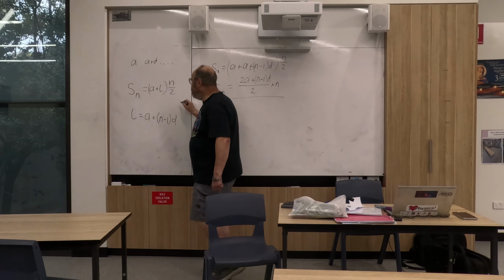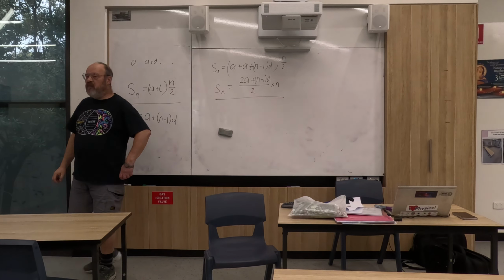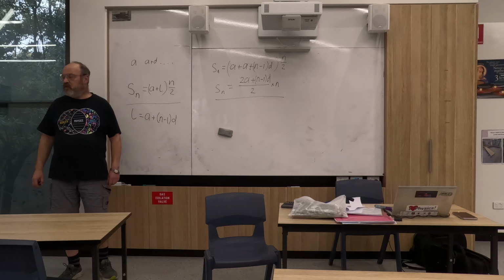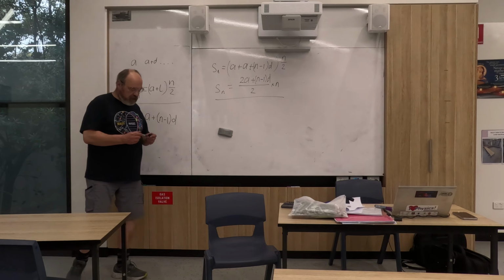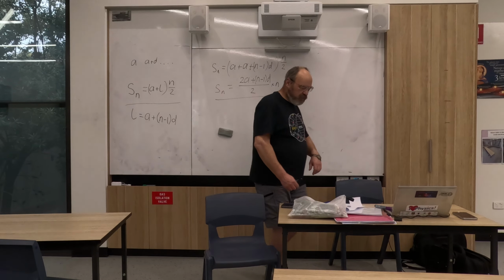So there are two ways to find the sum of the first n terms of an arithmetic sequence. Make sense? Let's consider a couple of examples from your booklet.